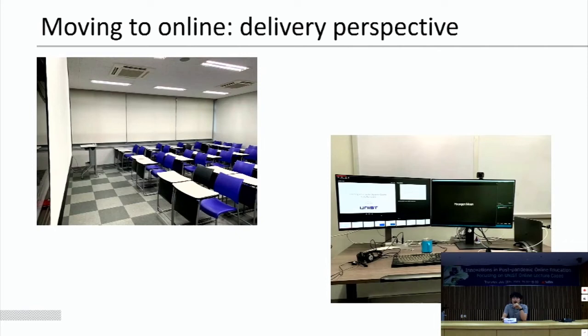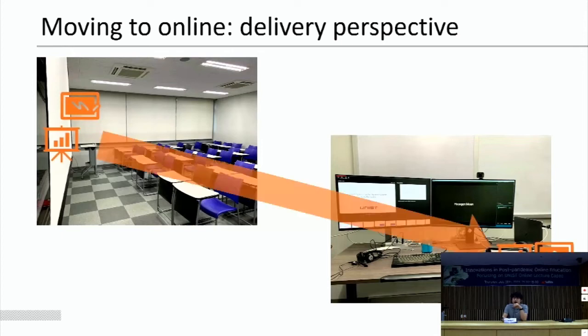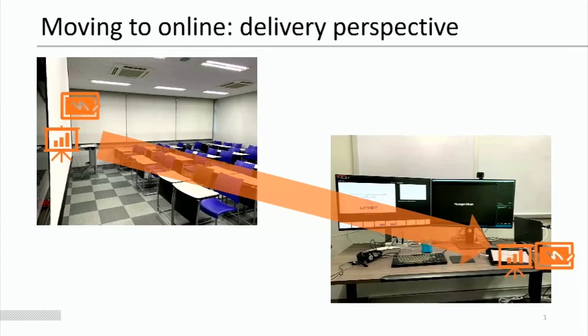So how I have migrated from offline to online: the left shows the classroom before the pandemic, and the right shows the setup of my desk, which is pretty much a normal setup with a little adjustment for the online lectures. The first two parts, the presentation and the whiteboard, can be migrated easily to the iPad, maybe because I have long been using the iPad with a pen.